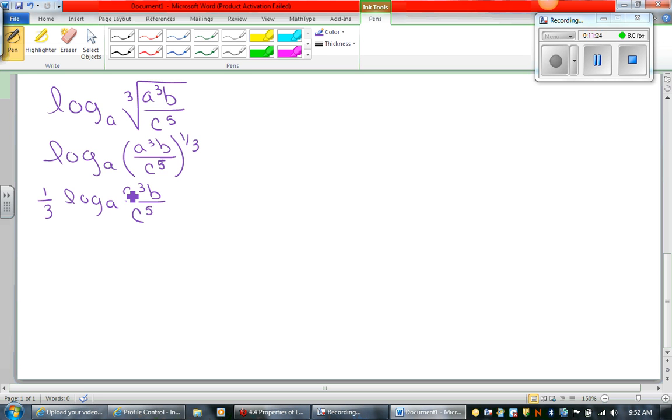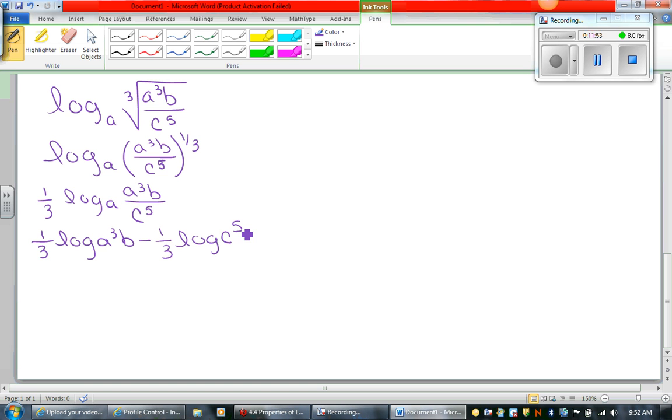But our next step is to take care of this division. We know that division, again, changes to subtraction. So that will be our first step. And I'll show you two different methods to continue to bring this 1/3 with us. Okay, 1/3 log A cubed B minus, and since I want that 1/3 to be applied to that C as well, 1/3 log of C to the 5th.